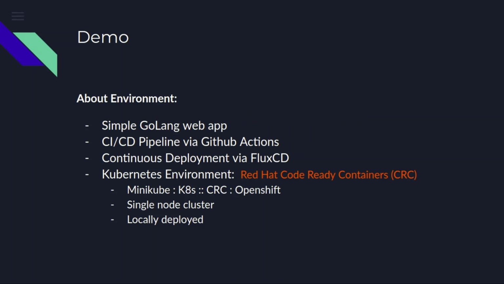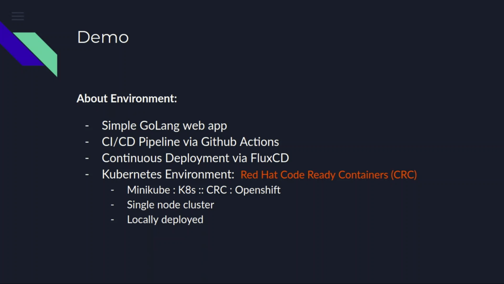For the demo, we have the following environment. It's a simple Golang app that we just containerized. We have a CI/CD pipeline written in GitHub Actions and continuous deployment via Flux CD. And I am using a local CRC for my Kubernetes environment.